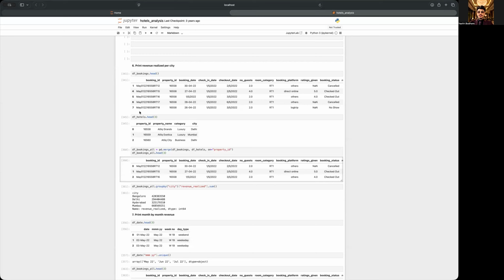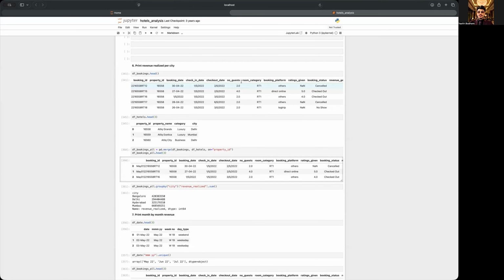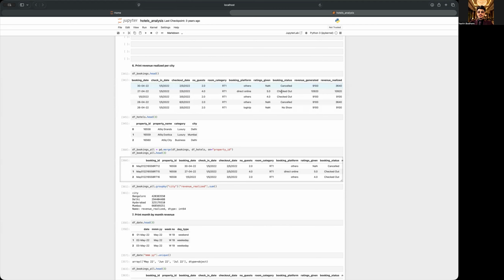Now we can see booking level details such as booking ID, property ID, and dates. You can see check-in date, checkout date, and revenue related information, that's revenue generated and revenue realized.